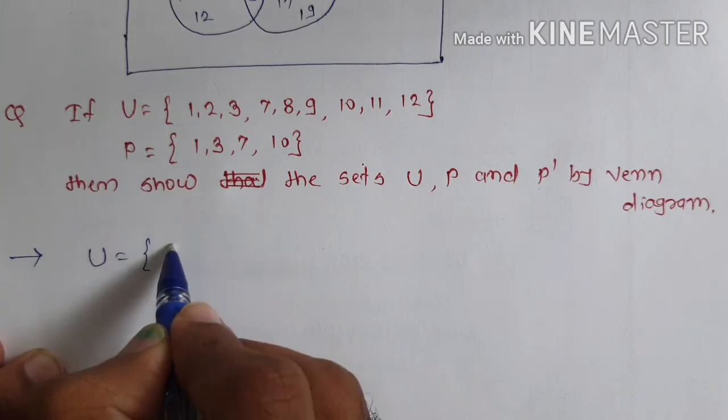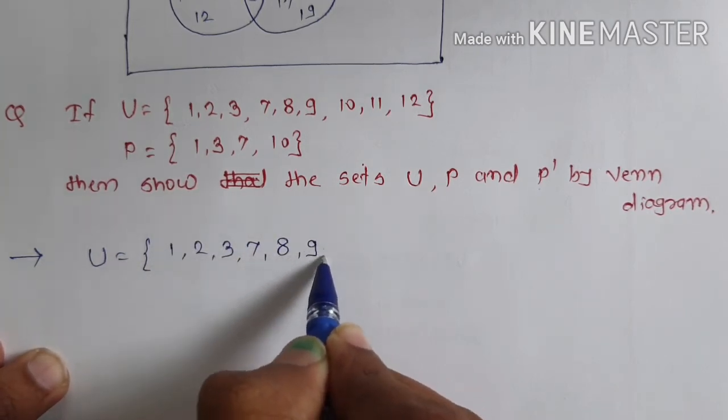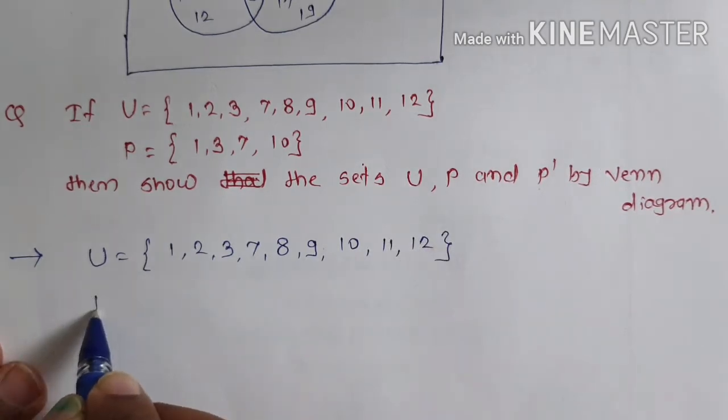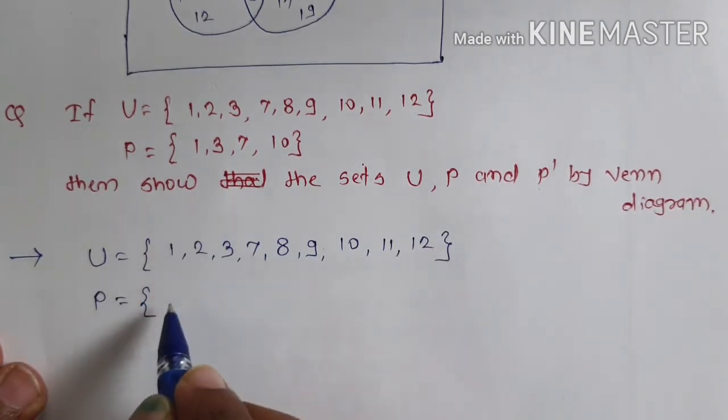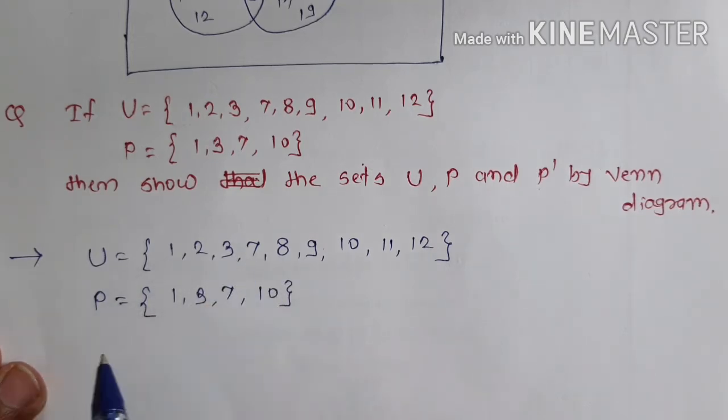Set U is given. We'll write again 1, 2, 3, 7, 8, 9, 10, 11 and 12. Set P is also given, it is 1, 3, 7 and 10. From these two we have to find the complement of P, that is P dash.